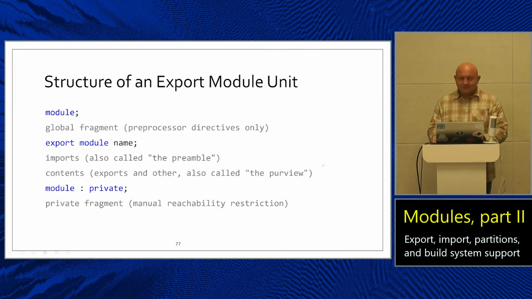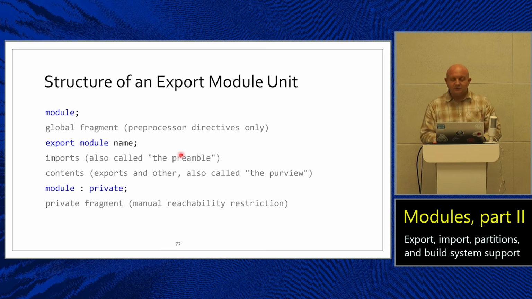Okay. And now, congratulations, you officially leveled up. We can finally describe the full structure of an export module unit. It begins here with the module declaration. Then comes the global fragment, the zone where only preprocessor directives are siloed, and after that the line export module name marks the start of the export unit interface.